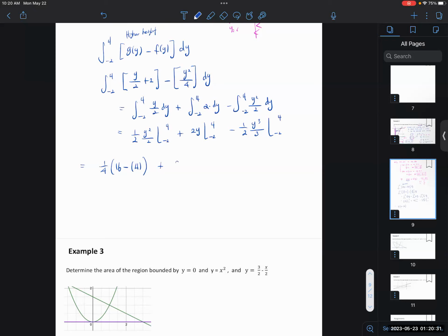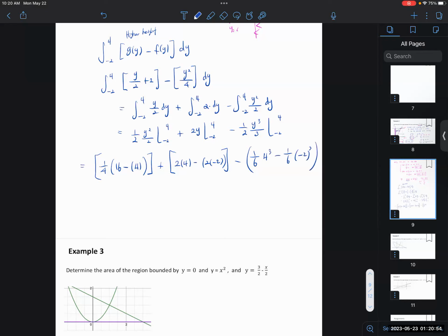Then this is going to be 2 times 4 minus 2 times -2. So this is the first, this is the second. And then minus 1 over 12, y cubed: 4 cubed minus (-2) cubed.